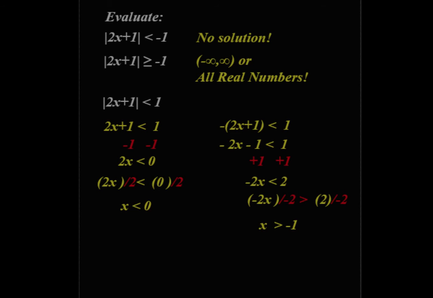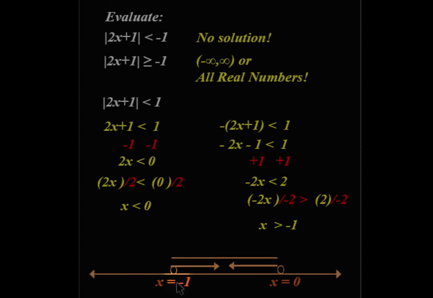So now our job is to combine both solutions on a number line and see what we get from that. So if we were to do that, we'd end up with something that looks like this, with these being our points that are on the axis, right? And these, notice, have open dots, right? So the first one says x is smaller than 0. Well, smaller is to the left direction, all right?